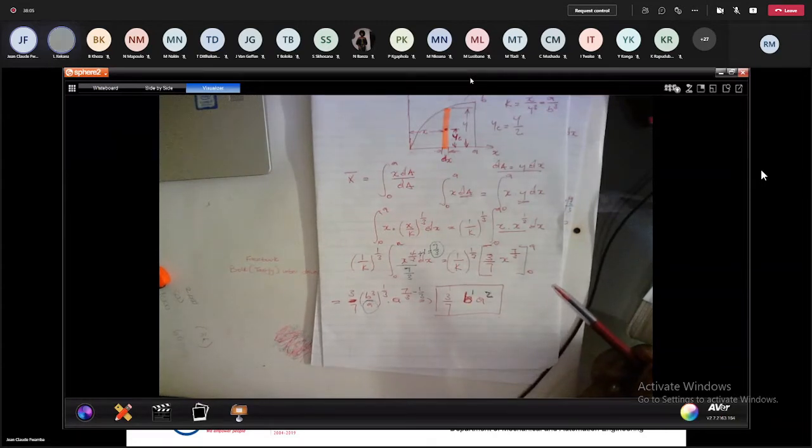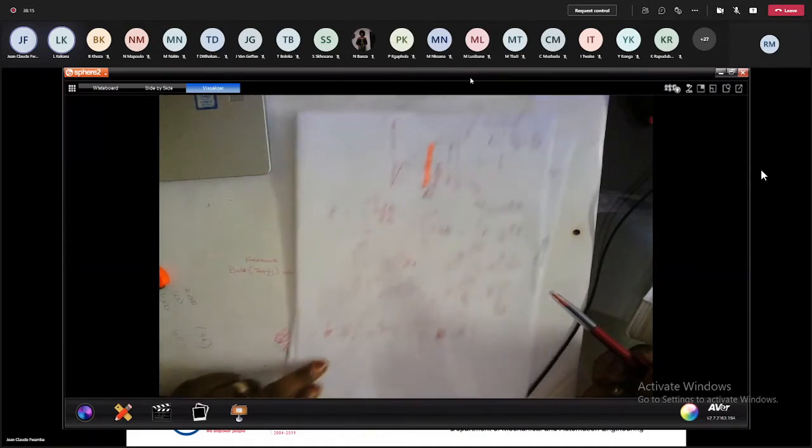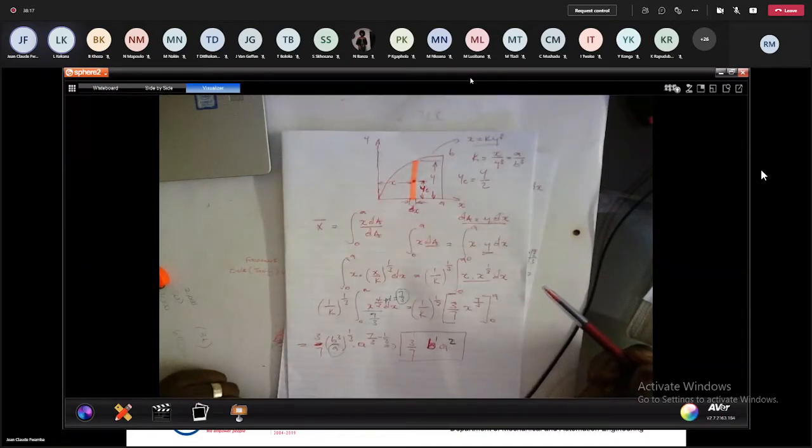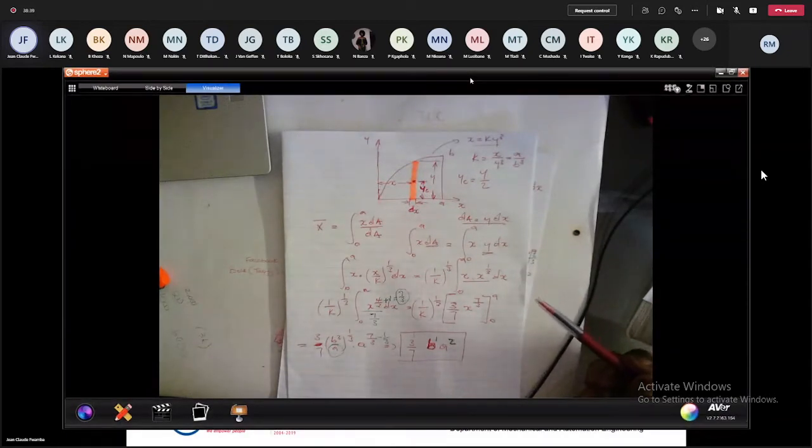Yes, sir. What if your shape has no function? How are you going to find the function of the shape? Let's say like this one, it's given as x equals ky squared. What if it's not given? How am I going to get there? Most of the time it is given, but sometimes they assume that you know, let's say the equation of a straight line.